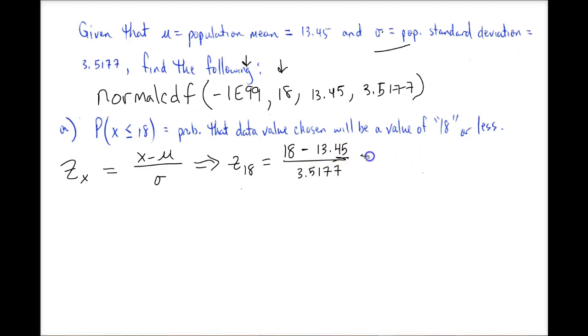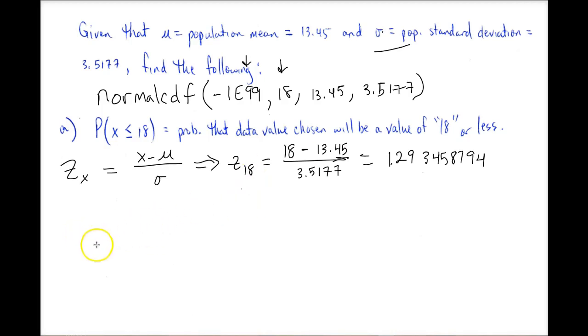When we calculate that, we get 1.2934587904. That's the z-score, with as many decimal places as our calculator can approximate.